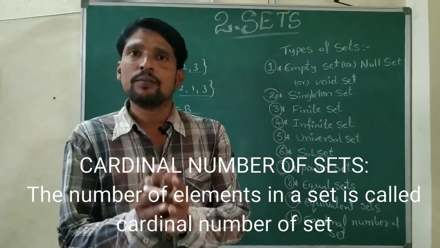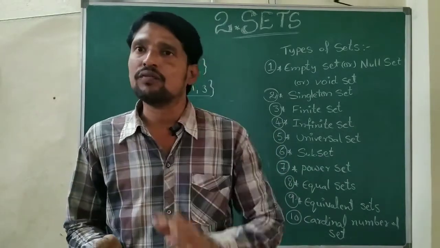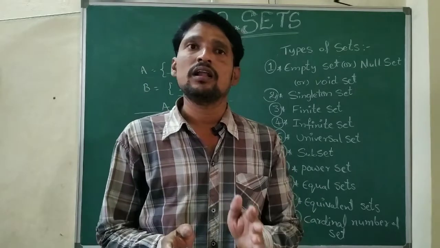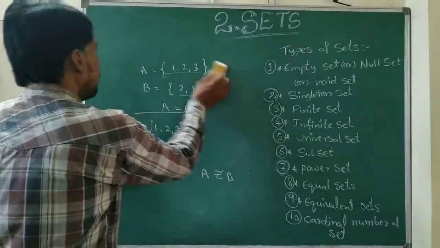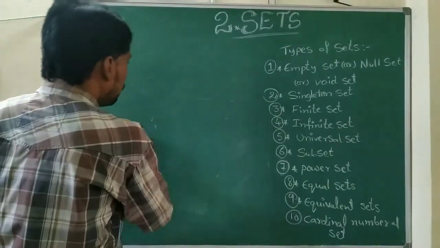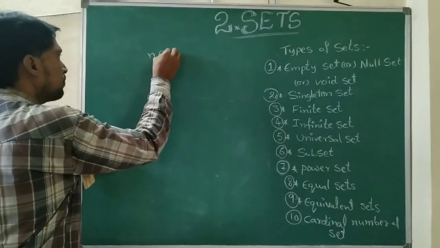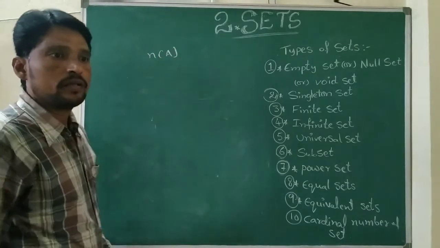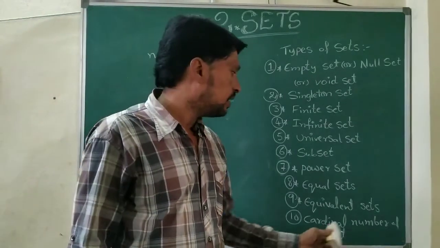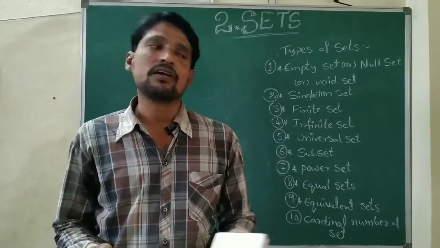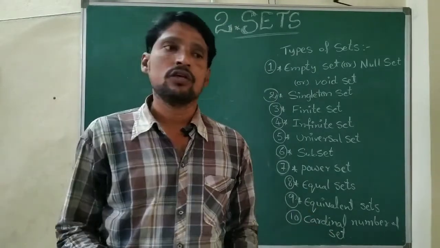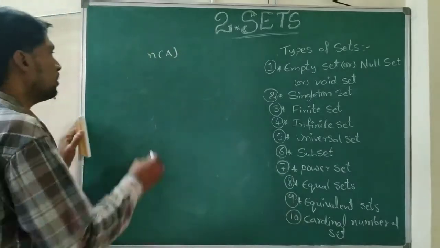The number of elements in a set is called the cardinal number of the set. It is denoted by n of A. Once again, the number of elements in the set is called the cardinal number of the set.